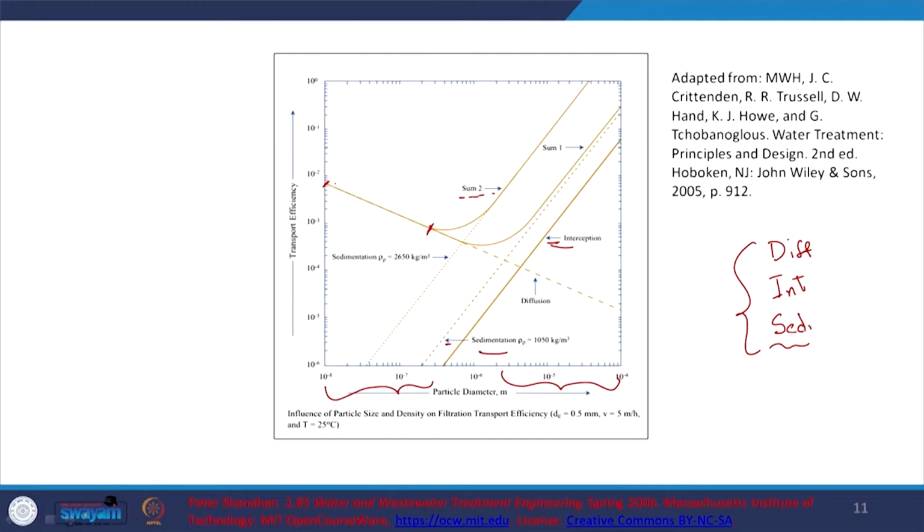As you can see, initially for very small particles, this is the sum with respect to removal efficiency, and then later again removal efficiency increases, and this part of the removal efficiency is due to interception and sedimentation. For bigger particle sizes, as you can see, diffusion has a relatively lesser role, yes. Again you can see that it is a logarithmic scale here, that is something to keep in mind, right.